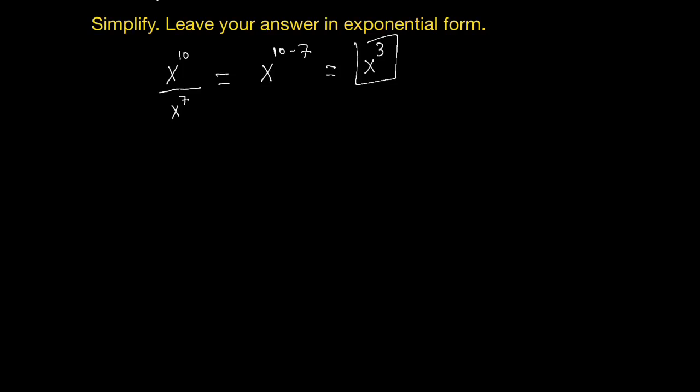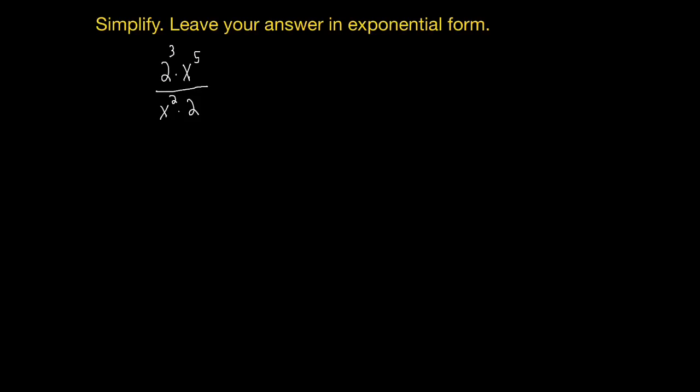Alright, let's take a look at a couple more. Here, the quotient rule also works when you have more than one base. I'm going to keep the numerator as is, but in the denominator, since I have a product, I can just move the factors around. So I'm going to have 2 to the 1st power times x to the 2nd power.